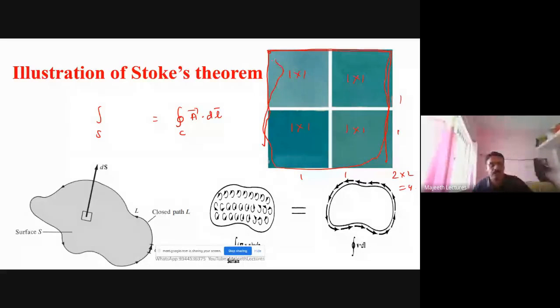So I come back here. This is what closed means: my starting and end points are the same. This is my A, start and end. What about this? This is del cross A. You may have a doubt whether it is del dot or del cross. At that time you have to use this.